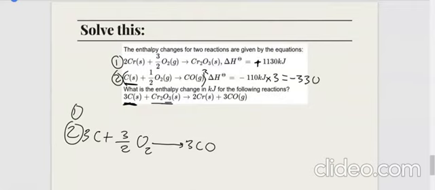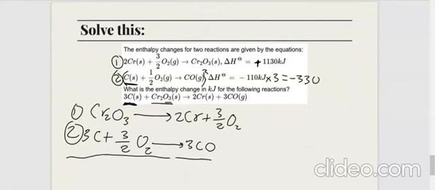So if we rewrite it, it will be Cr2O3 gives us 2Cr plus 3 over 2 O2. And as you can see, here we need only 1 mole of it, and we have 1 mole of it right here, so we don't have to multiply the first equation by anything.